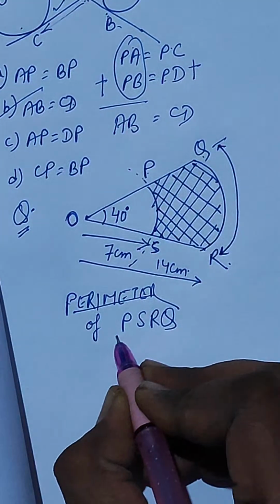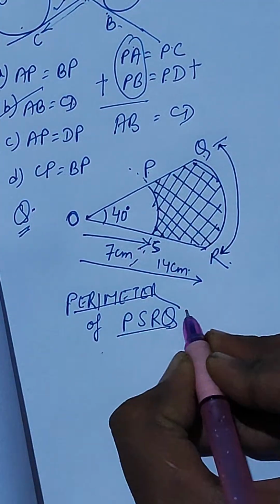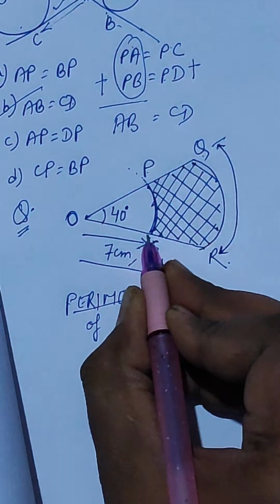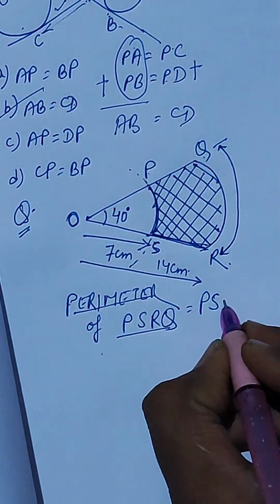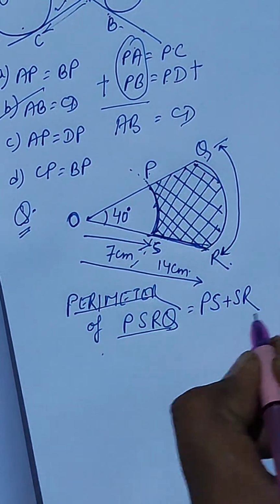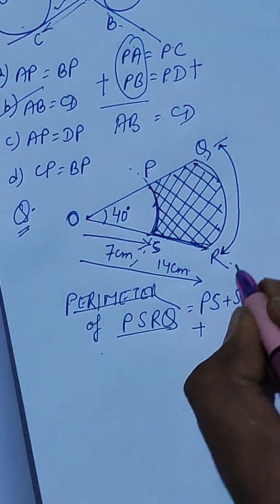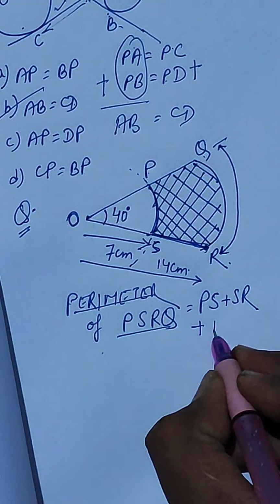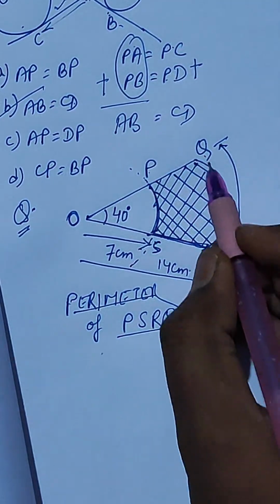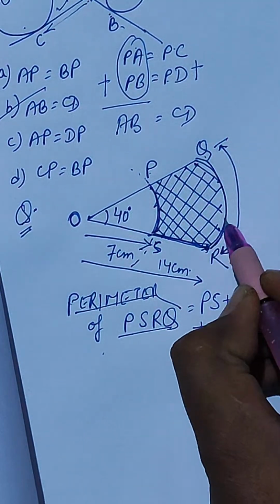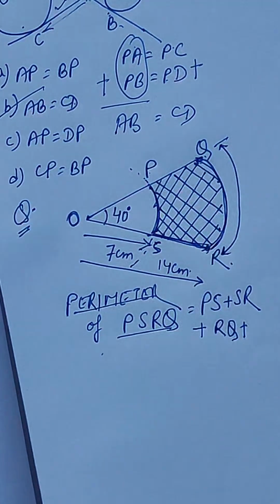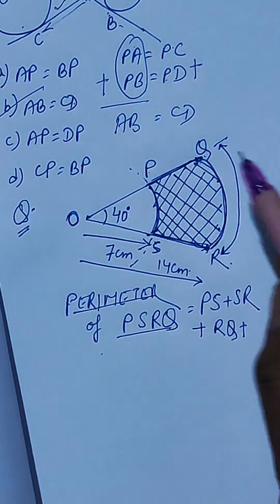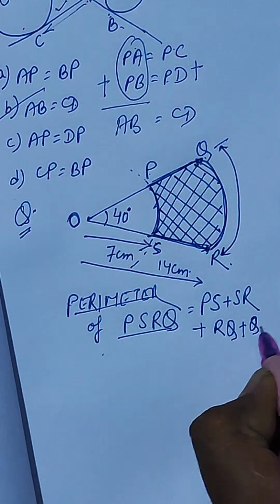The perimeter of PSRQ will be the length of PS, plus SR, then you reach R, after that R to Q, plus RQ, and when you reach point Q, from here to P, so it will be QP, right?